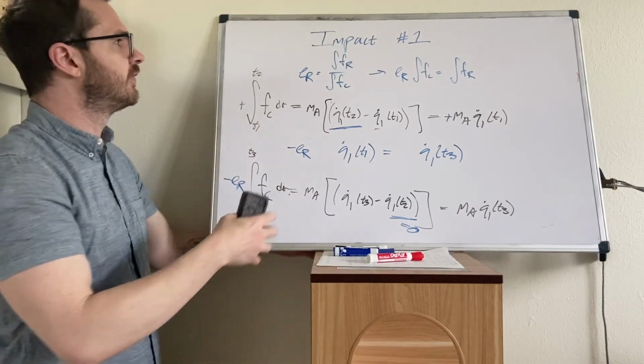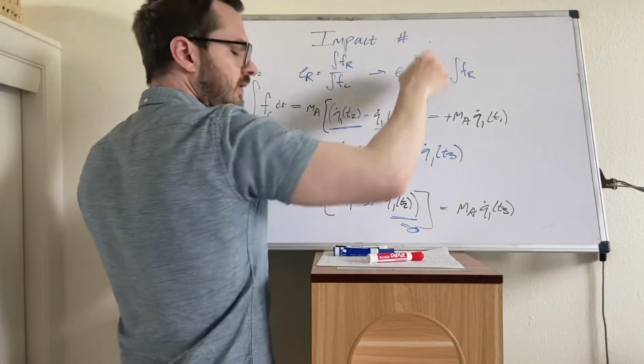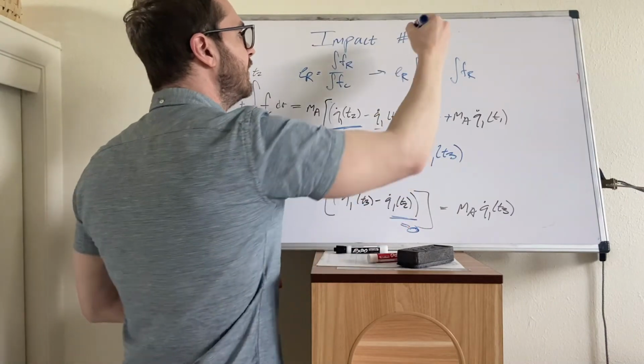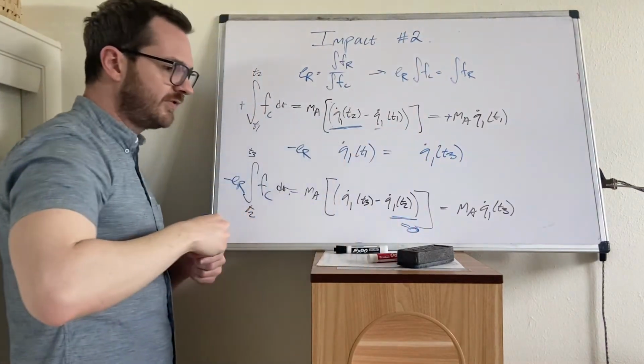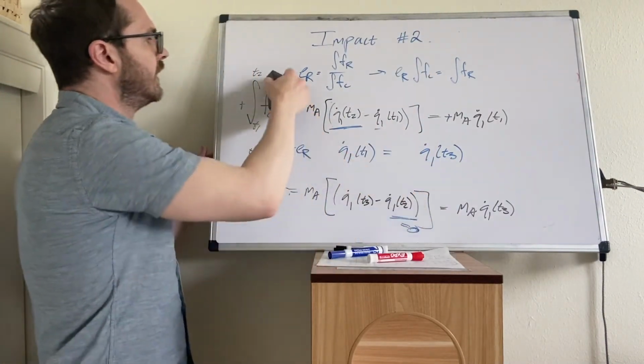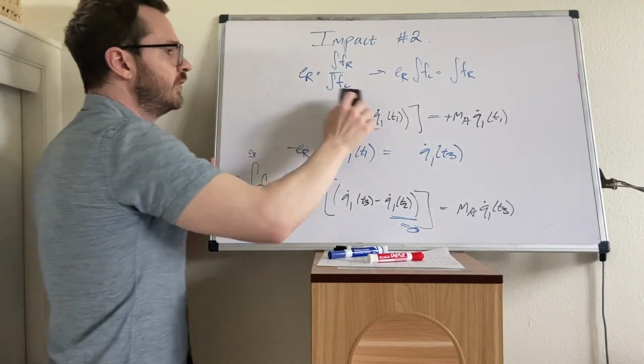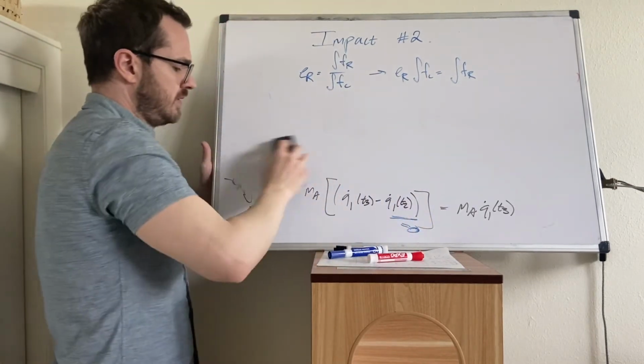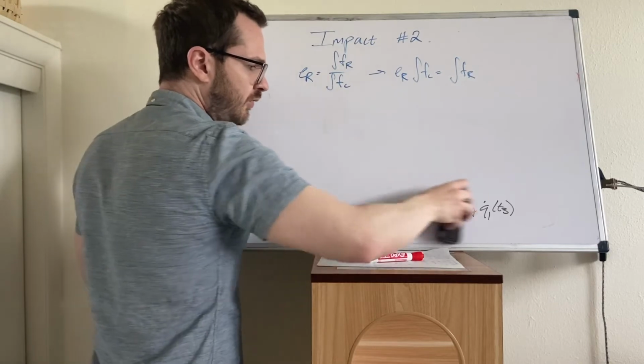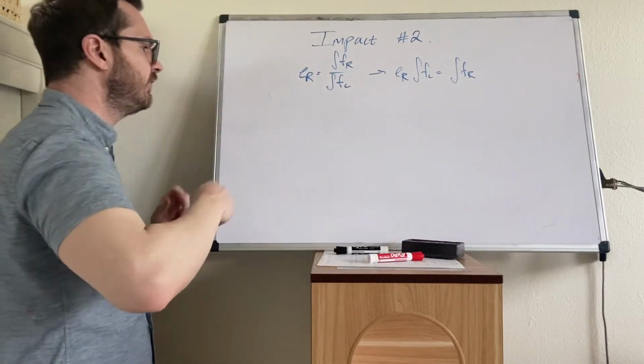Okay, what we can do next is let's go ahead and do the second impact, which we know is going to be very similar to this first analysis. So impact number 2, what's going to be different? Well, coefficient of restitution is the same, so we can leave that one on top. Let's do another round of free body diagrams.